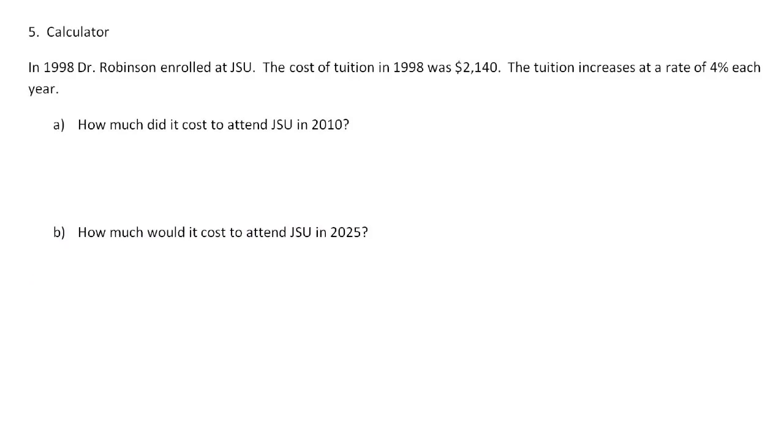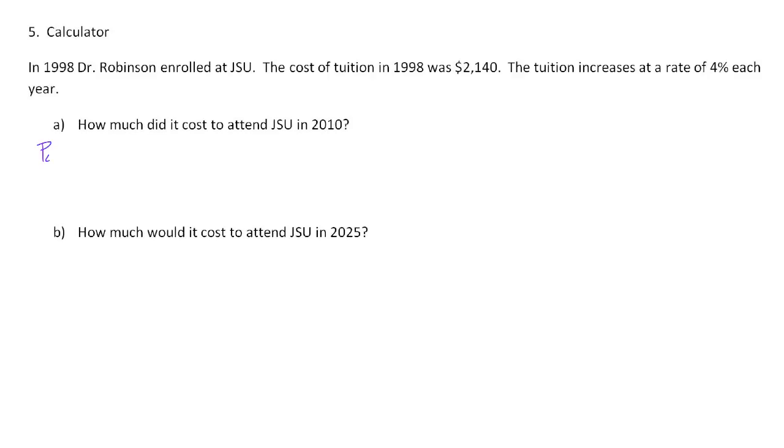All right, and so for question 5, Dr. Robinson enrolled in JSU in 1998. The cost of tuition in 1998 was $2,140. And so we have enough information to start writing in some initial values here.